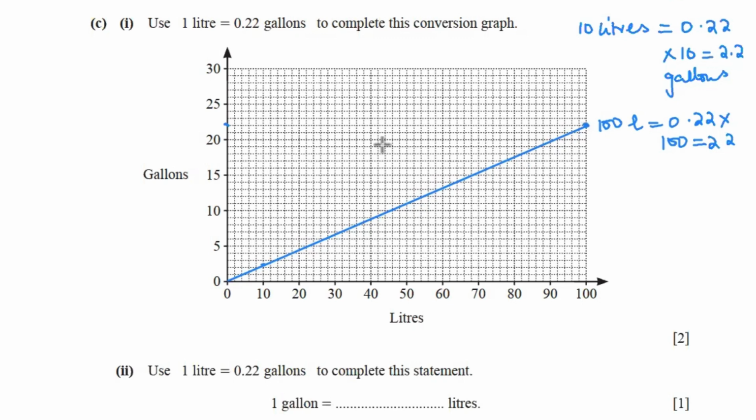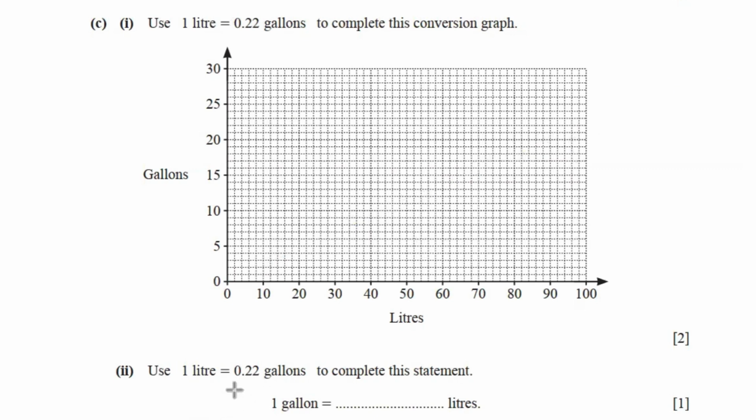It's easier if you choose a bigger number. 100 liters means that we're multiplying 0.22 by 100. So that gives us a whole number, which is 22. So mark at y 22 and x 100 and just draw a straight line starting from the origin.